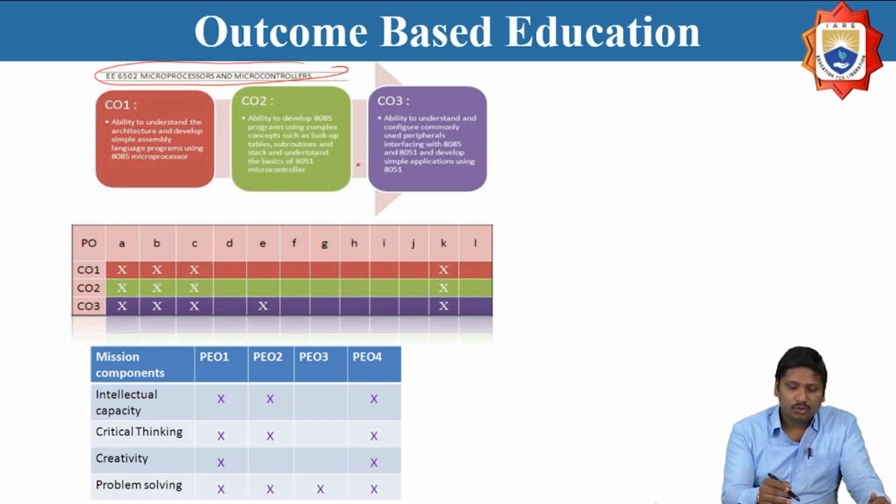CO1 should be the ability to understand the architecture and develop simple assembly language programs using the 8085 processor. This is one of the COs I designed here for a particular subject. CO2 I can define as the ability to develop 8085 programs using complex concepts such as lookup tables and subroutines, and understand the basics of the 8051 controller.